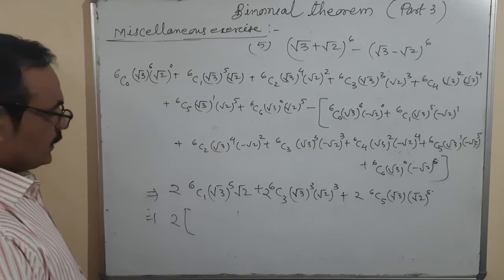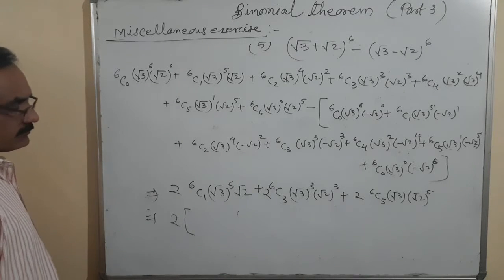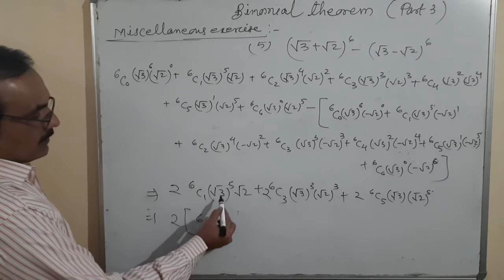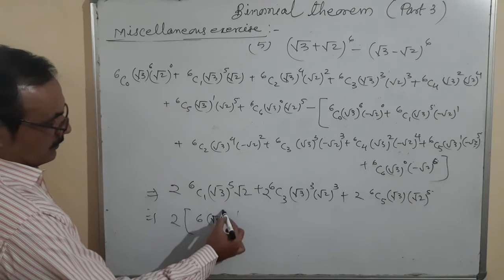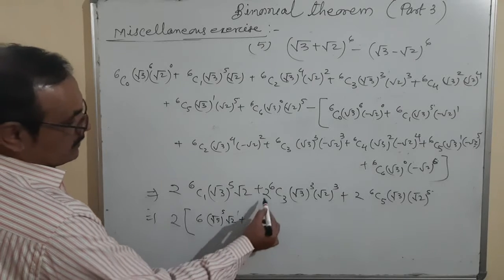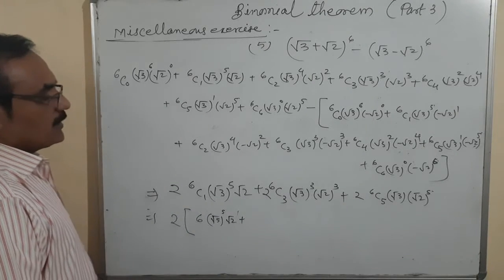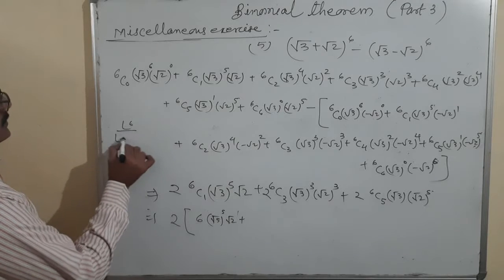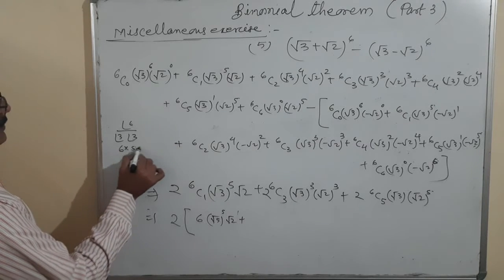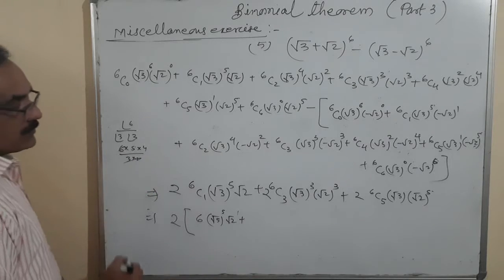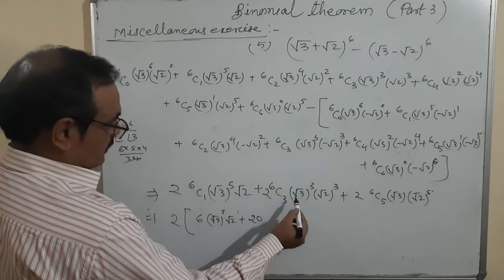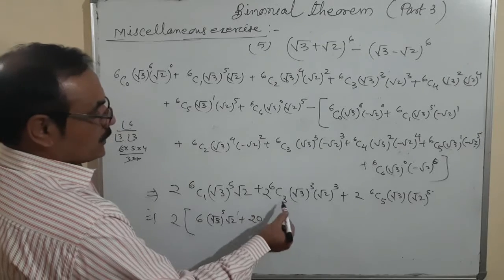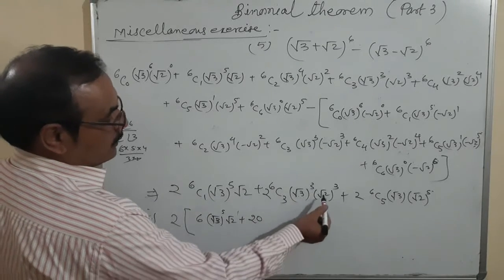All terms are different, so better to solve it. 6C1, 2 common, 6C1 that is 6, (root 3)^5 into root 2, plus 6C3. 6C3, what does it mean? 6 into 5 into 4 upon 3 into 2, that is 20. So it is 20, and (root 3)^3 (root 2)^3.